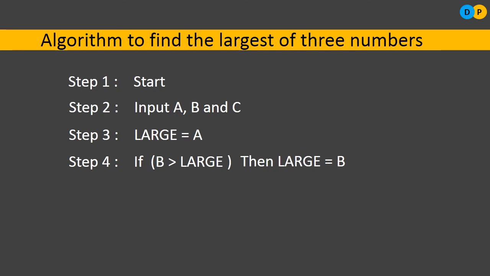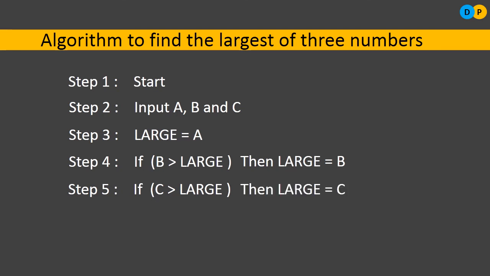Then large is equal to B. Step 5, if C greater than large, then large is equal to C. Now we have accommodated the third number, C. Last, step 6, we need to output the largest element. So display large, followed by the last step, step 7, stop.